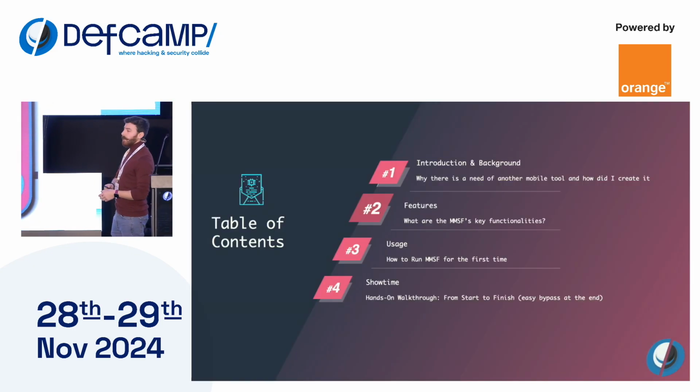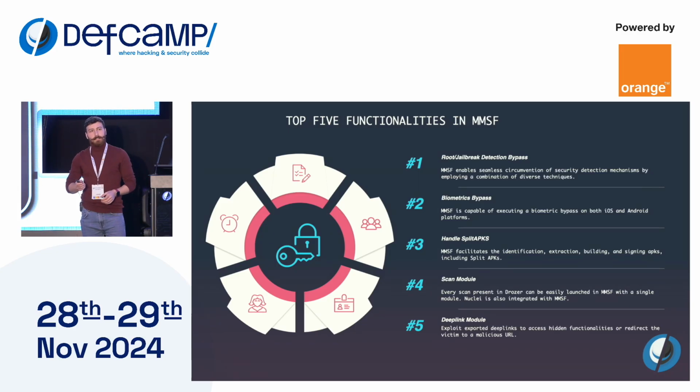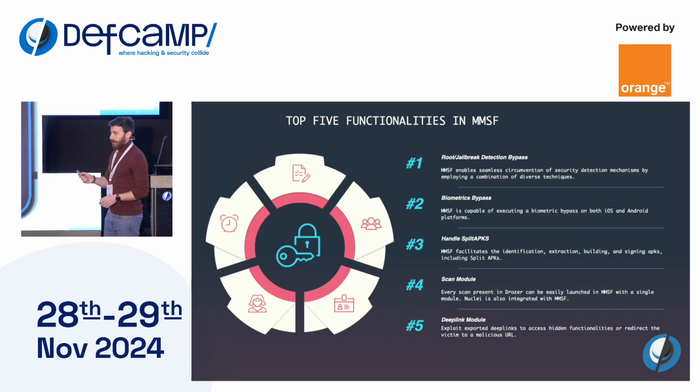Okay, let's see what its main functionalities are and how this tool differs from the other already existing tools. With MMSF, you can easily bypass jailbreak detection and SSL pinning. You can easily bypass the biometrics if it's somehow misconfigured. You can easily run scanning modules using both Nuclei or Drozer.